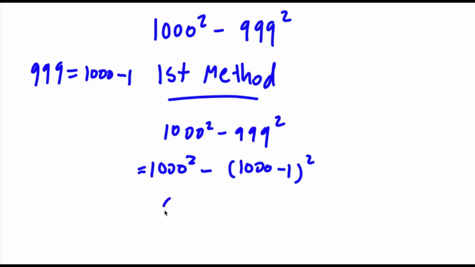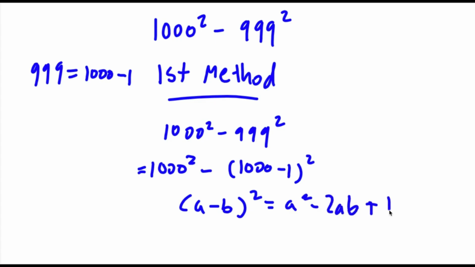Now, if I have something in the form a minus b squared, this is equal to a squared minus 2ab plus b squared.